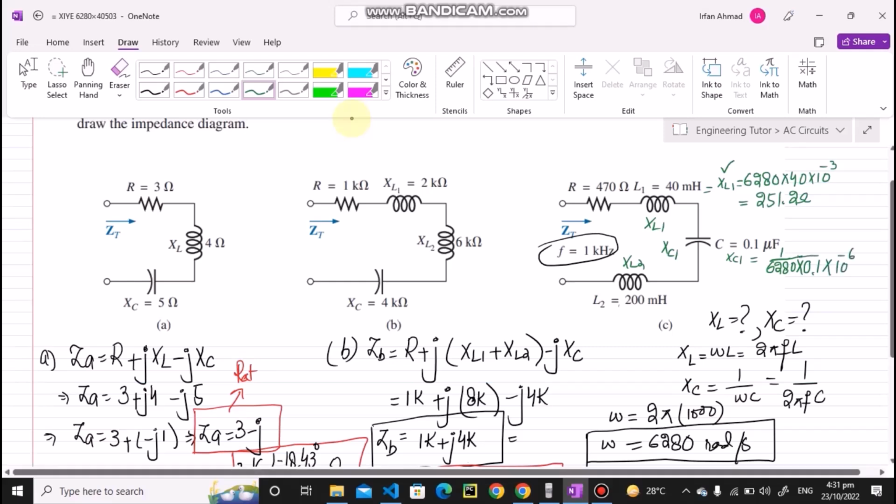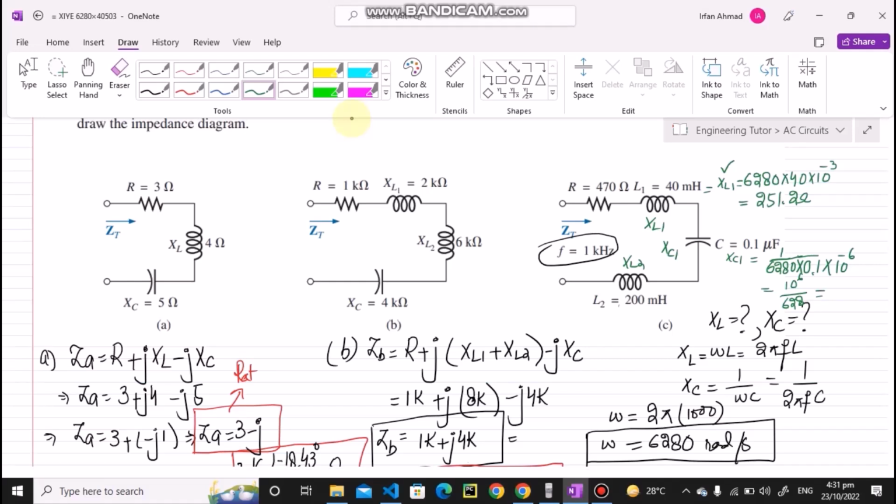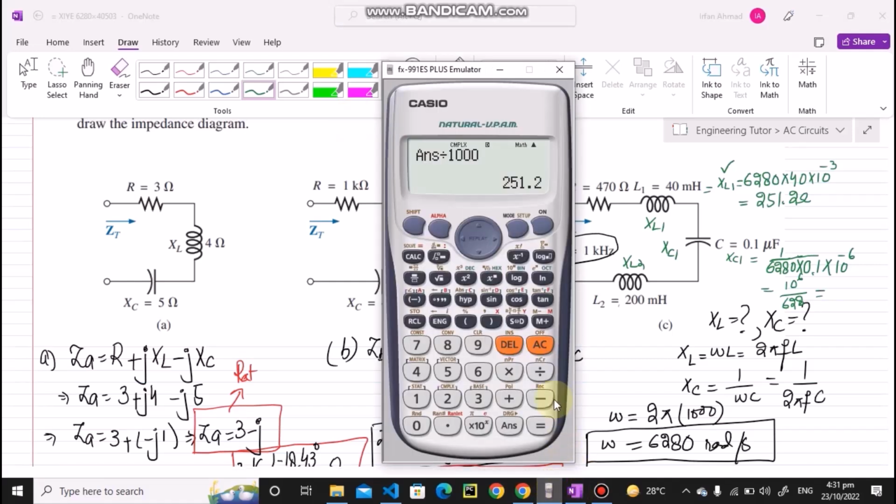Bringing it over, this would be 10 raised to the power 6 divided by 628. So 10 raised to the power 6 divided by 628 gives the value 1592.4.